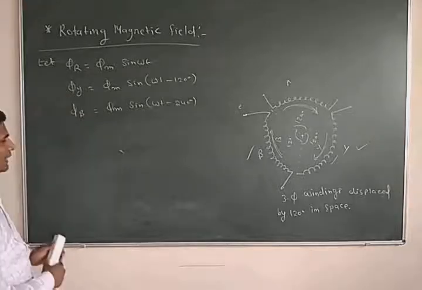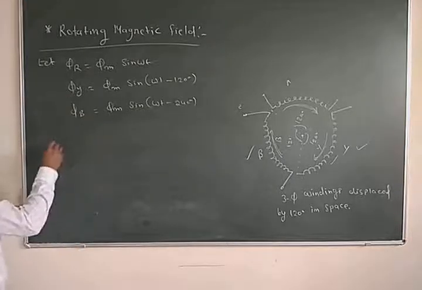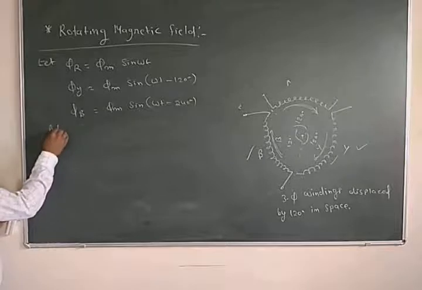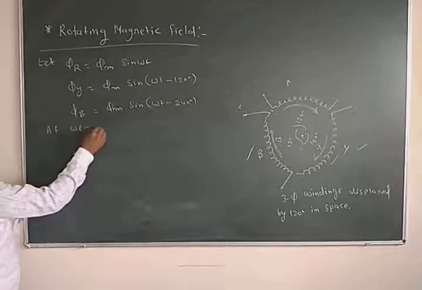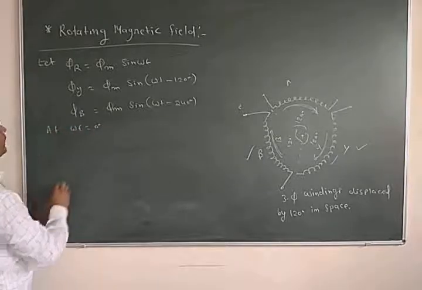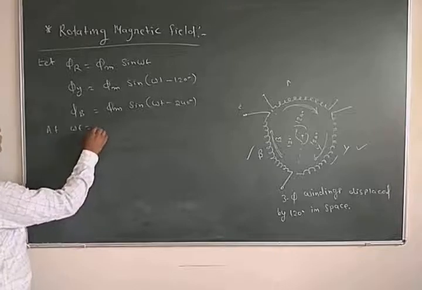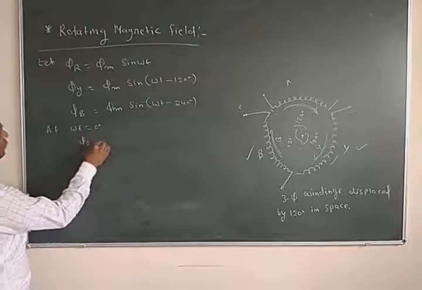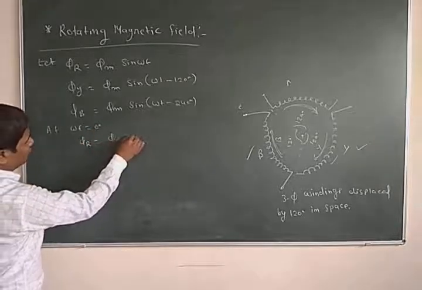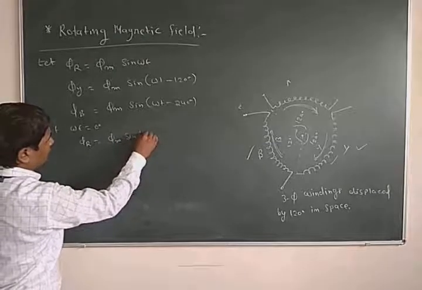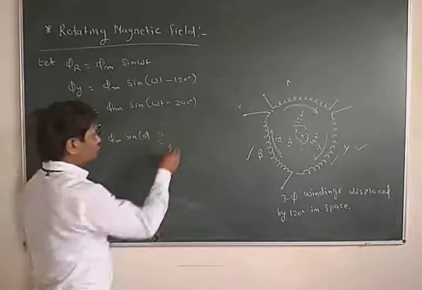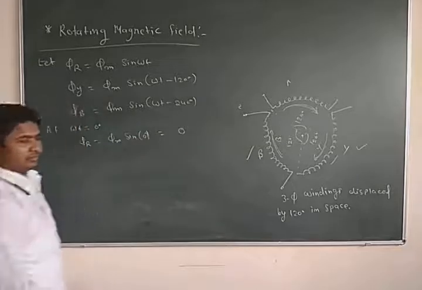Now we take an event at omega t is equal to 0 degrees. At omega t equal to 0, phi R is equal to phi m sin 0, and sin 0 is equal to 0, so it is 0.